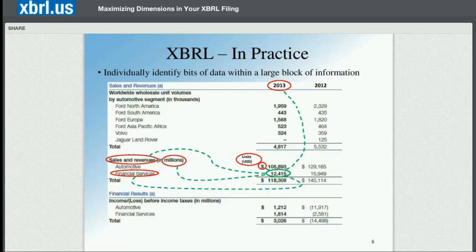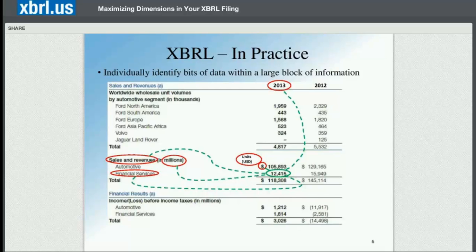which is why it's so important to properly define your values. Now, if you take a look to the left, you'll see sales revenue and financial services. So sales revenue, sales being the primary concept, the 12,415 obviously represents sales. And that would be the financial tag in our taxonomy, or what we would call a line item.